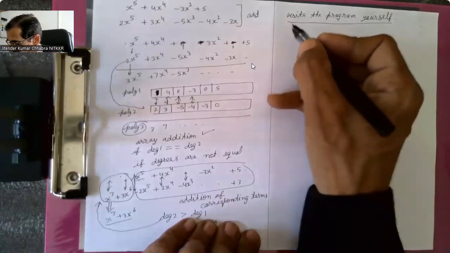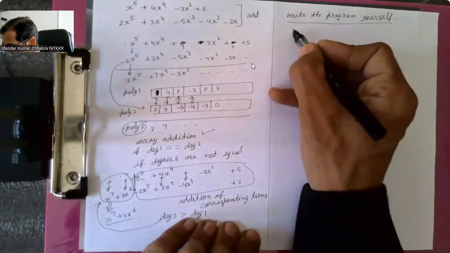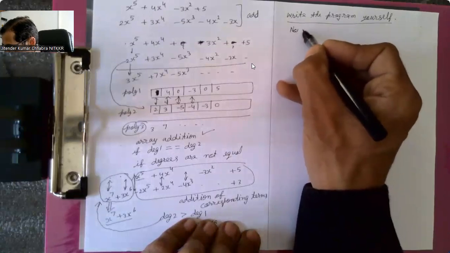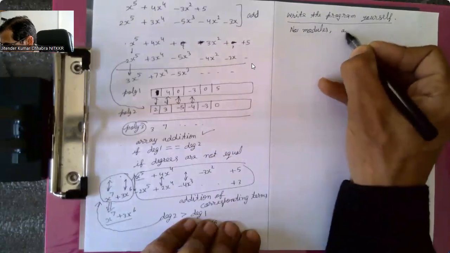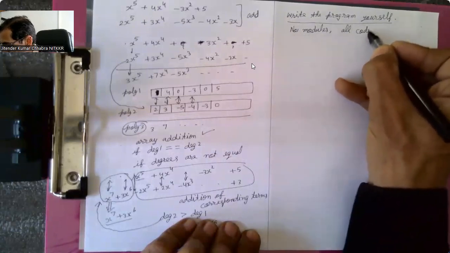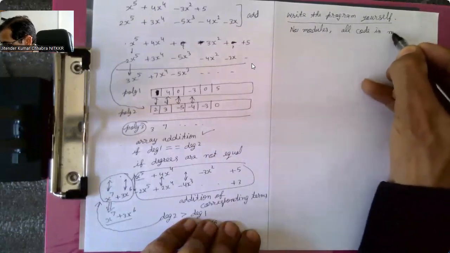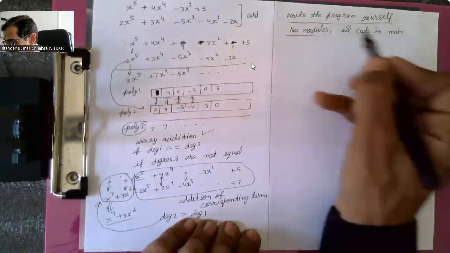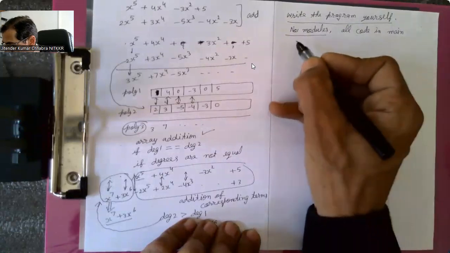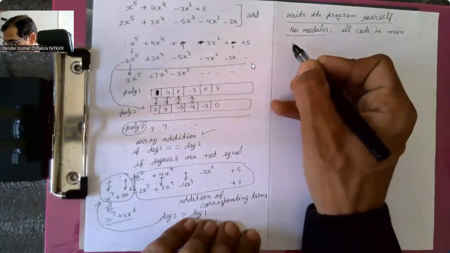For example, in this case, today I will not make any modules and I will simply write all the code in main. Later, we will definitely make it module based and a better code also. So for the time being, I will give a solution without modules, but later we will definitely improve to modular programming also.